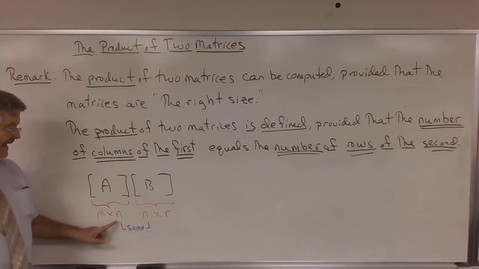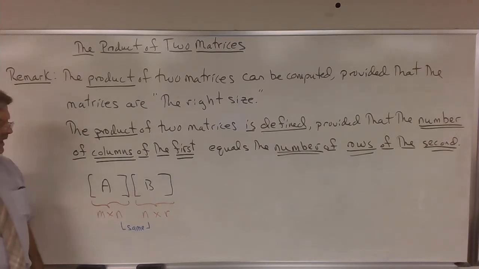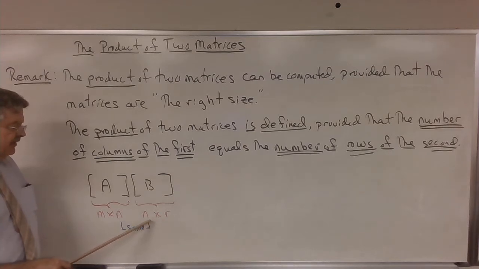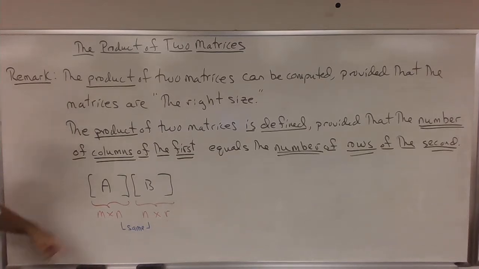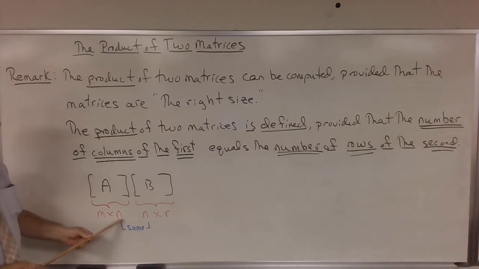M rows, n columns. Here's another matrix B. Its size is n by r. N rows, r columns. This product can be computed because the number of columns of the first is equal to the number of rows of the second.